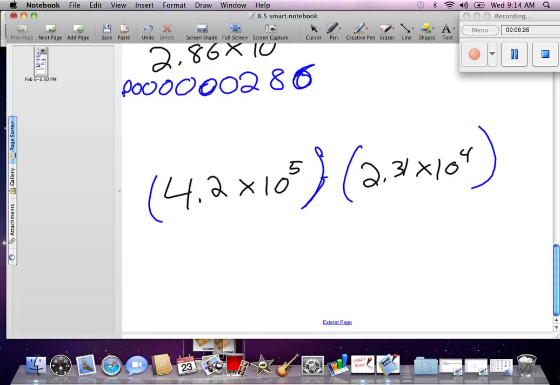I am going to multiply the two numbers in front. 4.2 times 2.31 gives me 9.702. Now I'm just going to add the exponents. 5 and 4 makes 9. Okay? So we multiplied the numbers in front of the x, and then we added the exponents on the 10. Okay? All right.